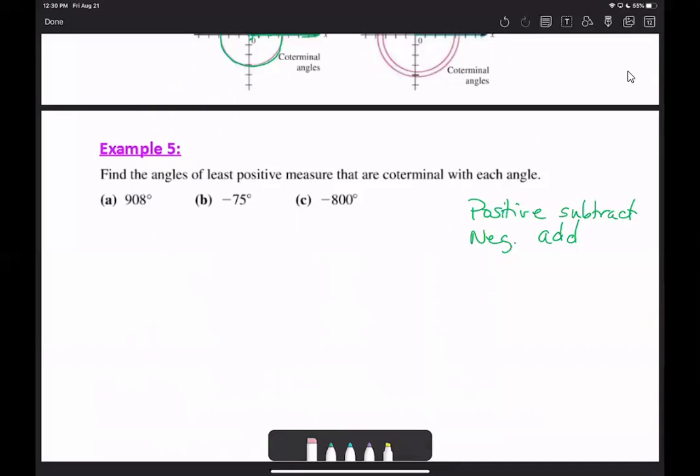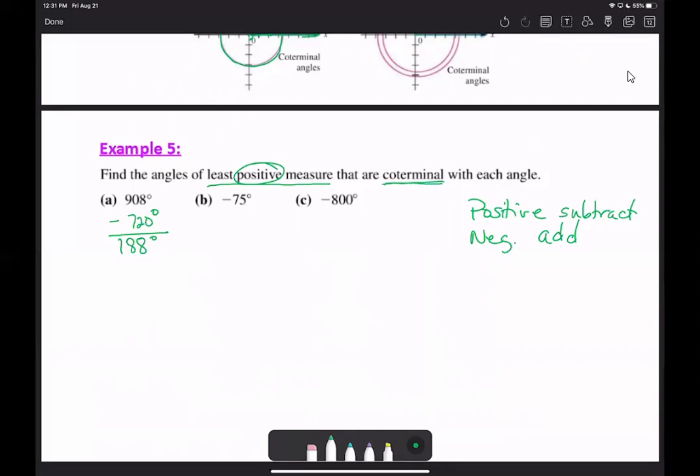They want us to find the least positive measure. So that means if I were to subtract 360 again, I would end up with a negative angle. They want us to have a positive measure that is coterminal. So when I see coterminal, remember, it differs by 360.